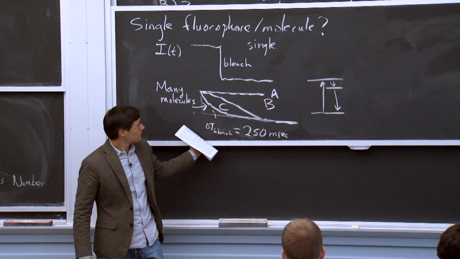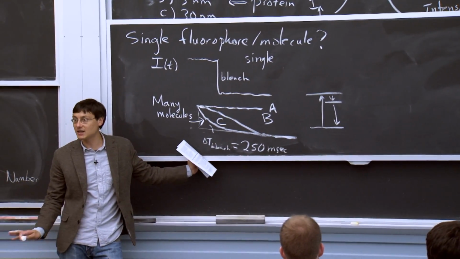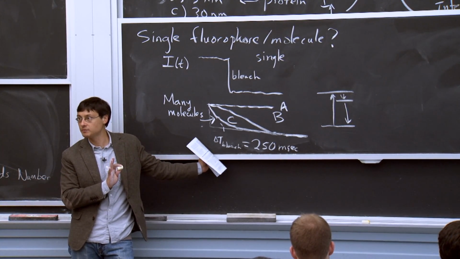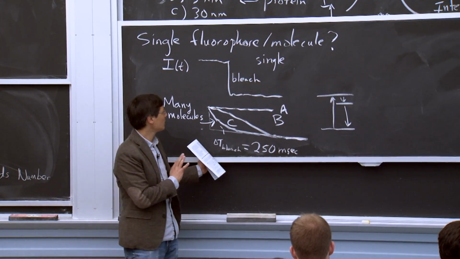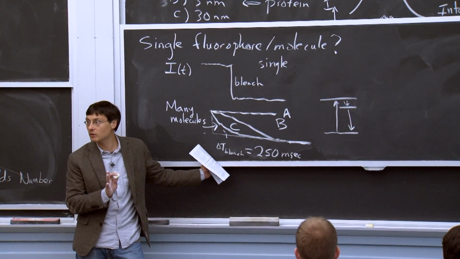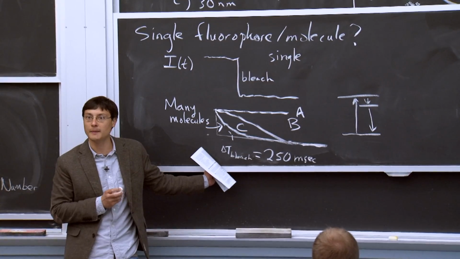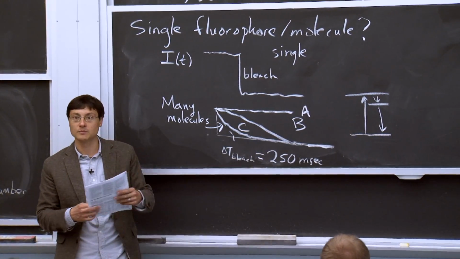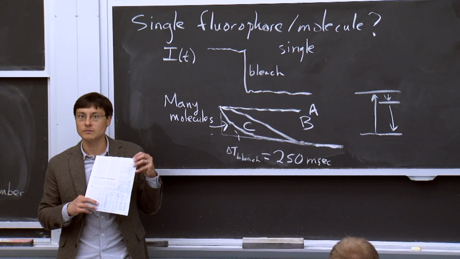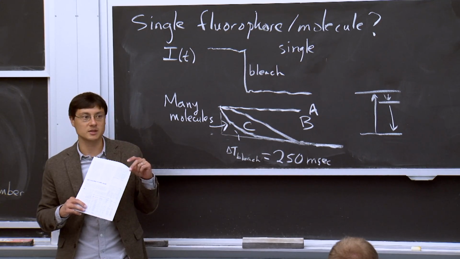So this single-step bleaching is a classic signature of the fact that you're looking at a single fluorescent molecule. Now, their secondary argument for why this is a single GFP or Venus was what? What was their supporting evidence?